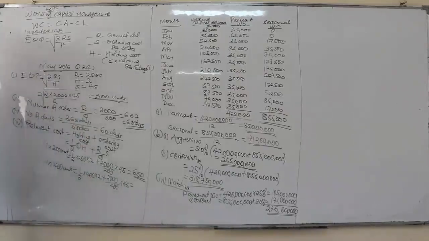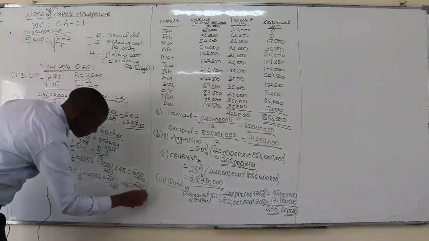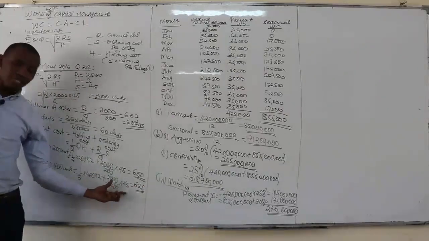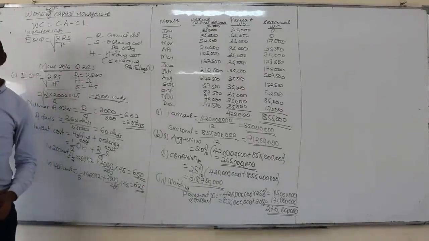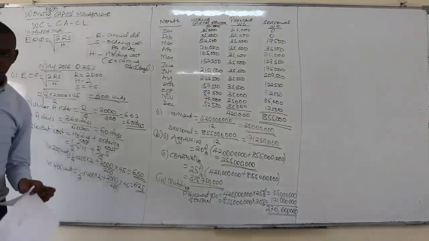That gives 635.25. You can see the total cost decreases, so yes, that is the decision you are supposed to make in that case.